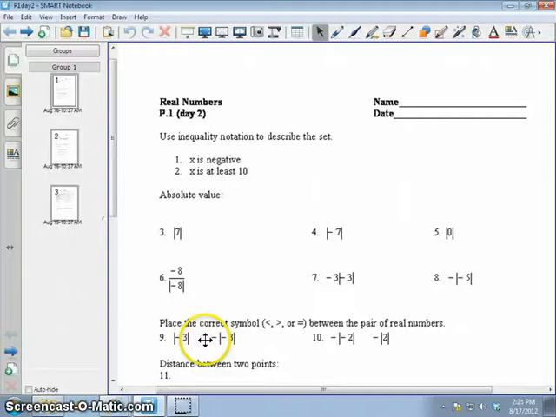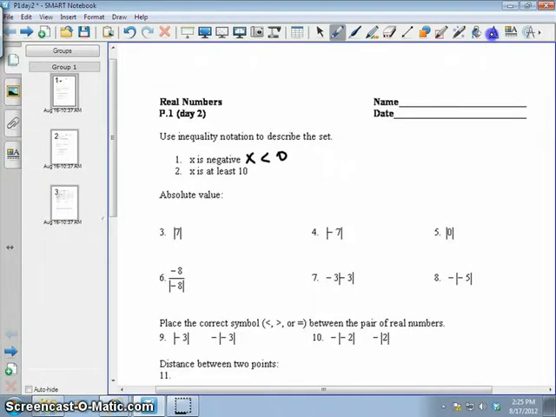Hello, these notes are for section P1b, the second half of P1. Number 1, use inequality notation to describe the set. X is negative will be X is less than 0.